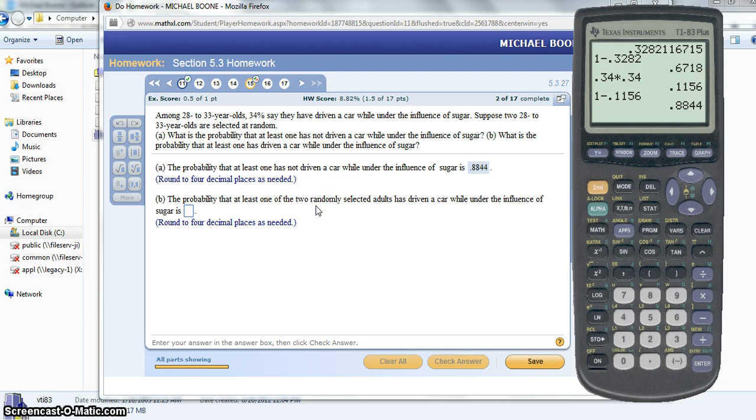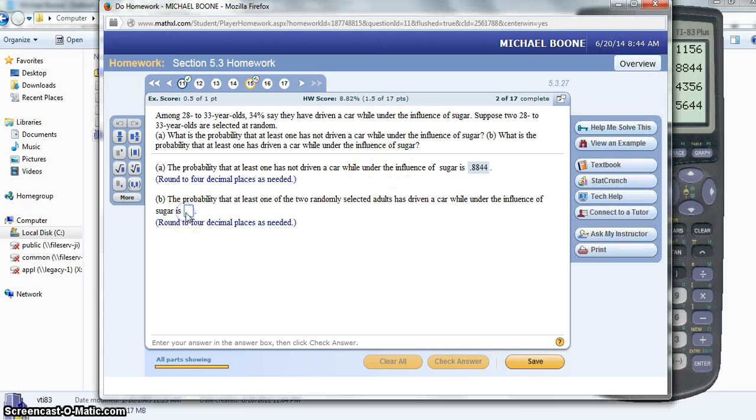So if I'm picking two randomly selected and looking for at least 1 has driven, let's find the probability of 0 have driven and subtract that from 1. 0 have driven means 2 have not driven under the influence. So I'll do 0.66 times 0.66, which is 0.4356, and I want the complement of that, 1 minus 0.4356. So I get 0.5644.